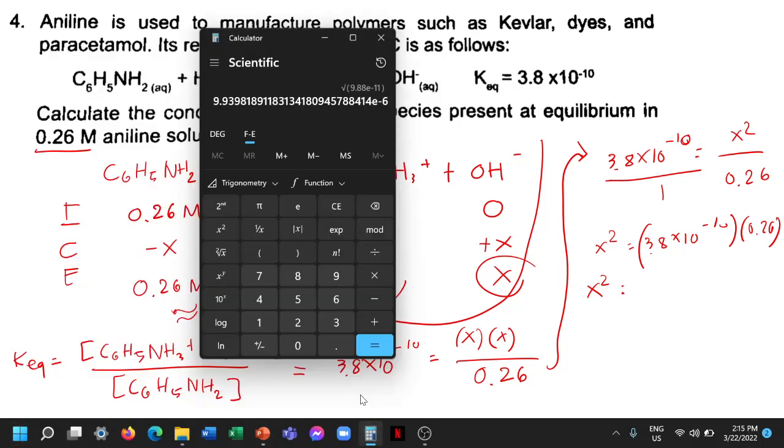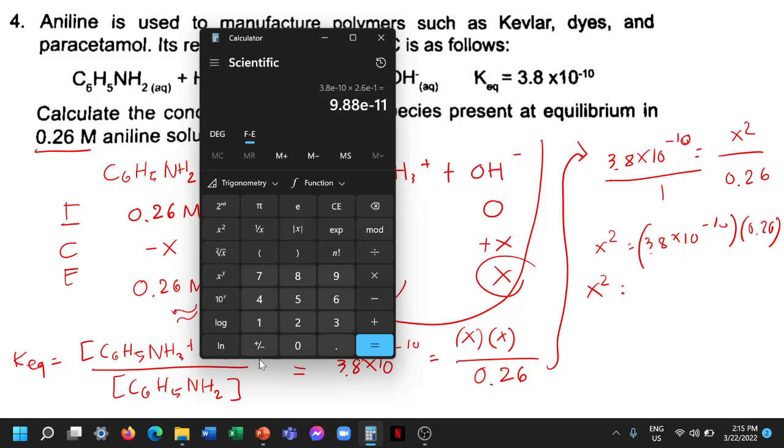And so let's multiply this one. Let's use our calculator. So that is 3.8 times 10 to the power of negative 10 times 0.26.